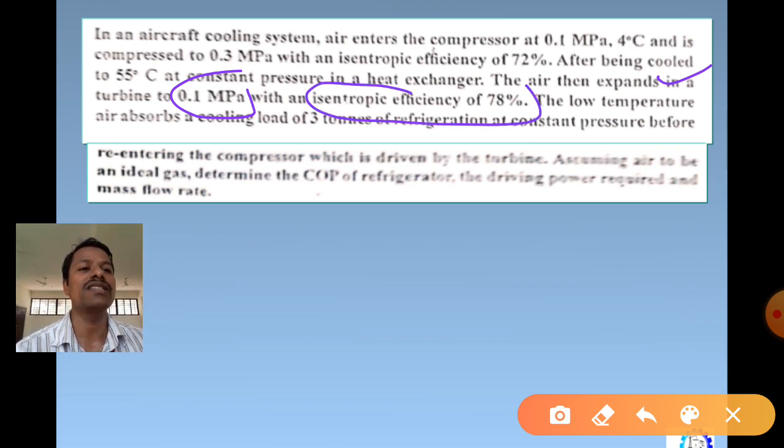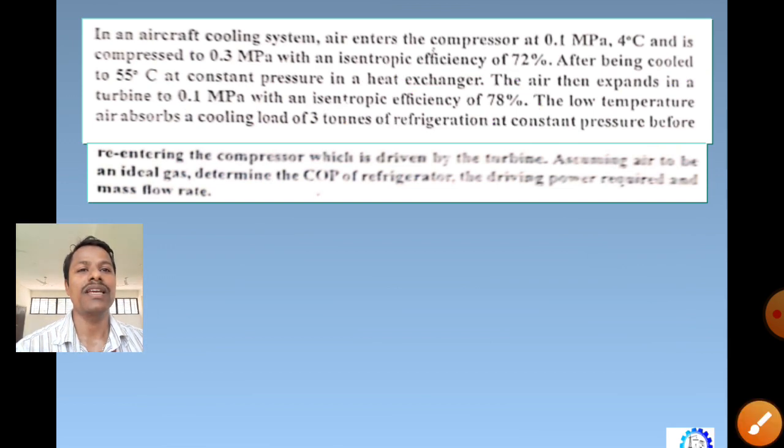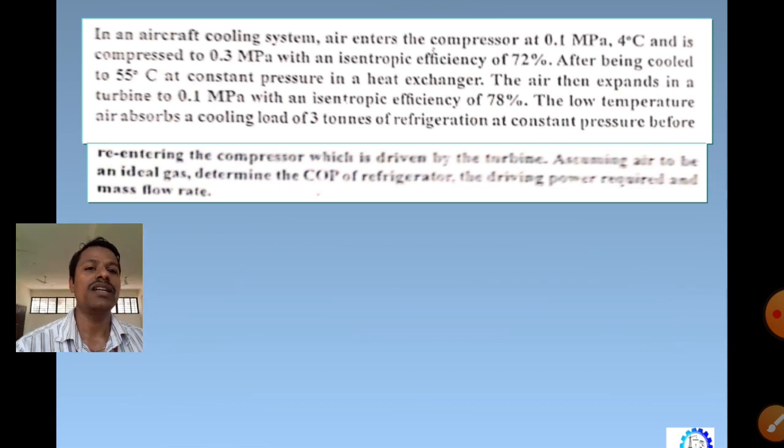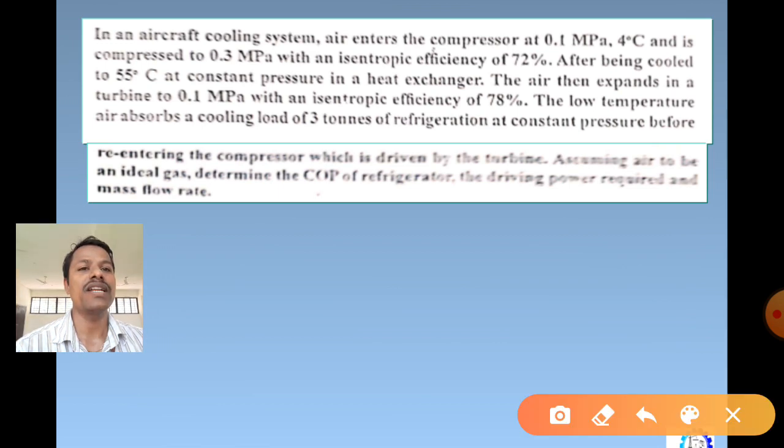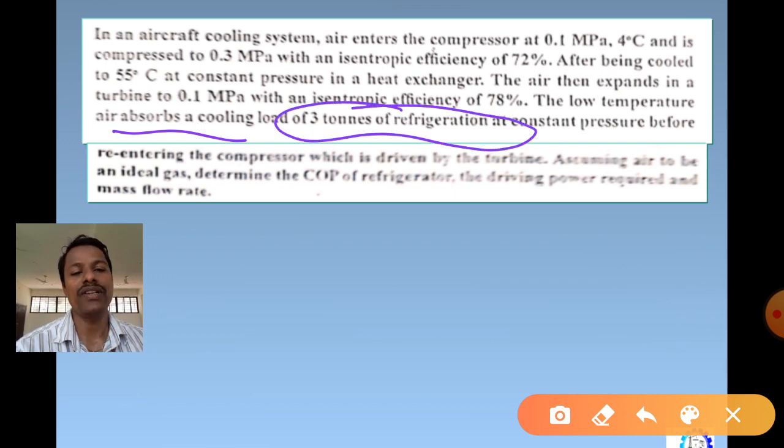The turbine efficiency is given as 78%, and the low temperature air absorbs a cooling load of 3 tons of refrigeration at constant pressure before re-entering the compressor. So the total refrigeration effect of this plant is 3 tons of refrigeration.